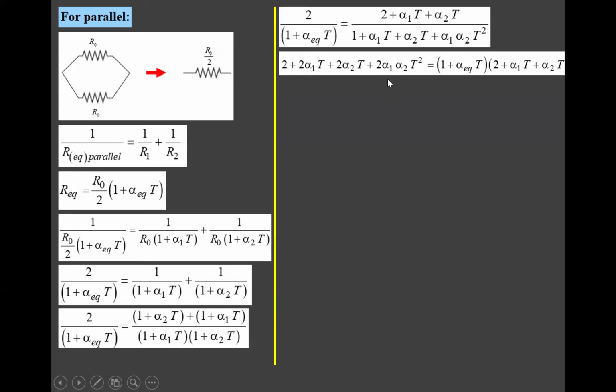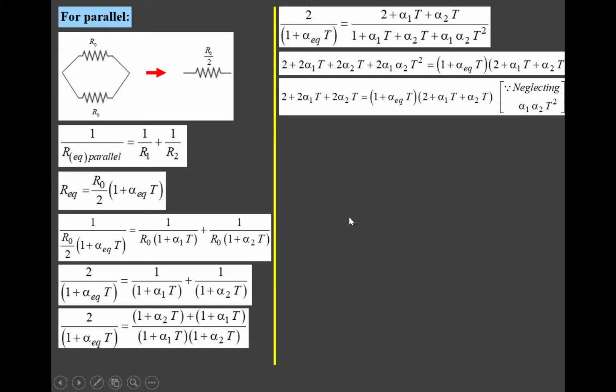Now, alpha 1 and alpha 2 are very small, therefore alpha 1 into alpha 2 will be very, very small, so we can neglect it. So we can rewrite 2 plus 2 alpha 1 T plus 2 alpha 2 T equal to (1 plus alpha equivalent T) into (2 plus alpha 1 T plus alpha 2 T).